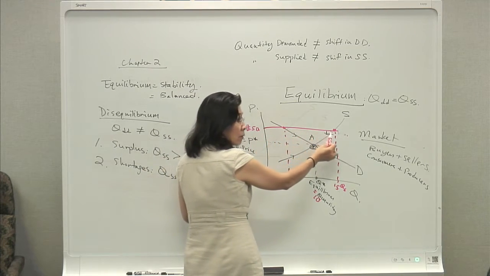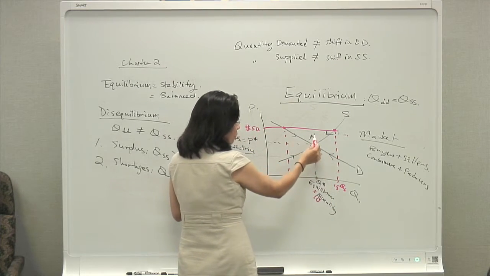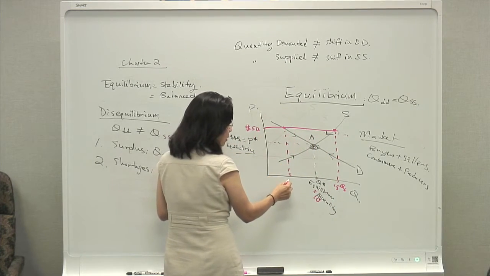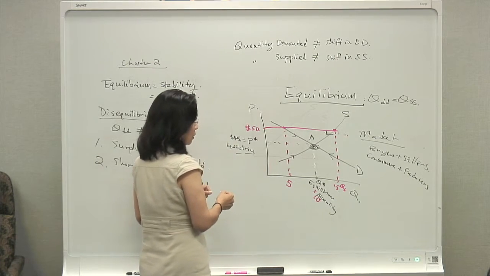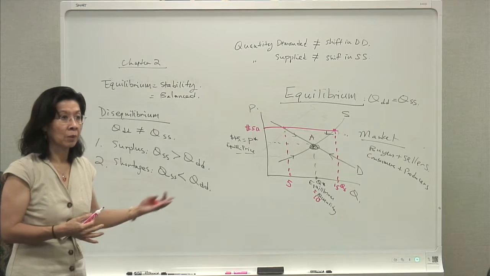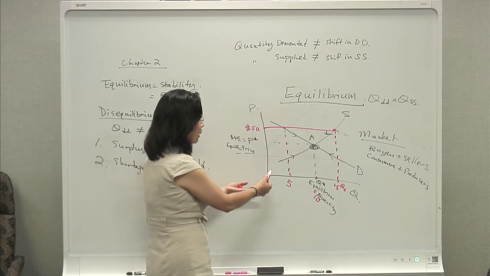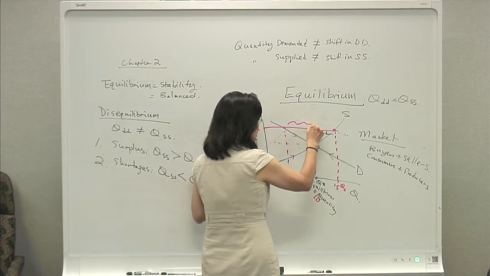You draw a line across at $50. Your quantity supplied is 15, but your quantity demanded is only 5. So what happened? You got 15 copies of the textbook, but only 5 people want it. Then you have a surplus here.